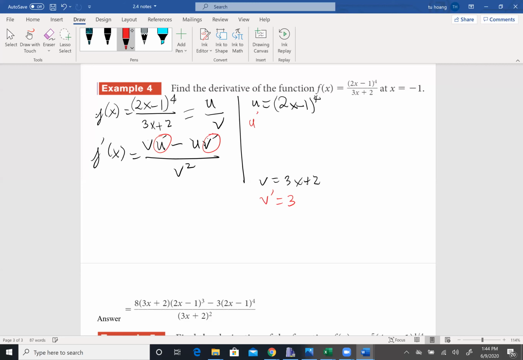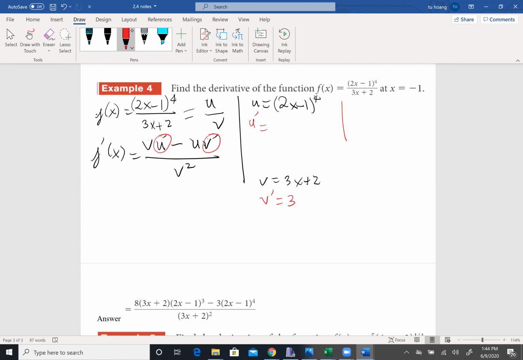So you see that u prime now is having a composition function. So you need to substitute one more time.